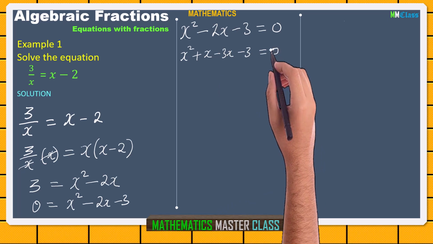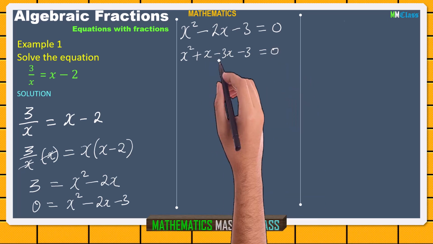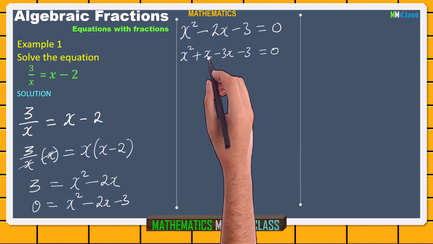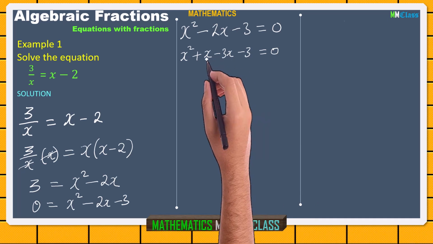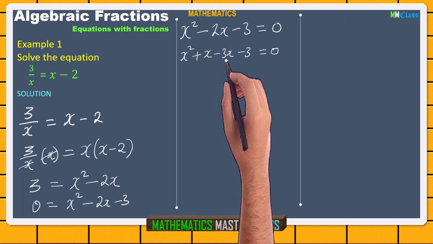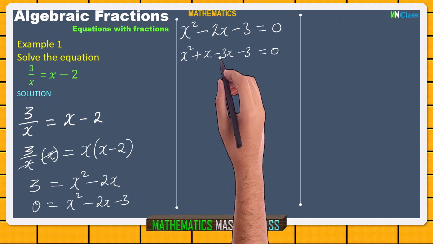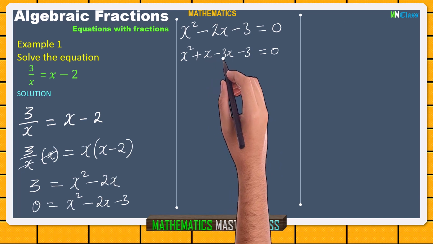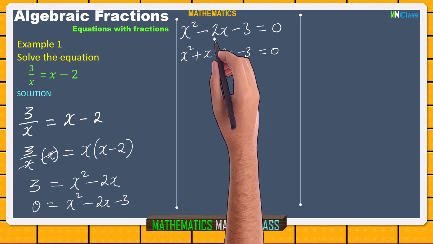Remember, we have two factors, 1 and minus 3. So this x here is a symbol of 1, and this minus 3x here represents minus 3. If you add these two terms together, it will give you this.